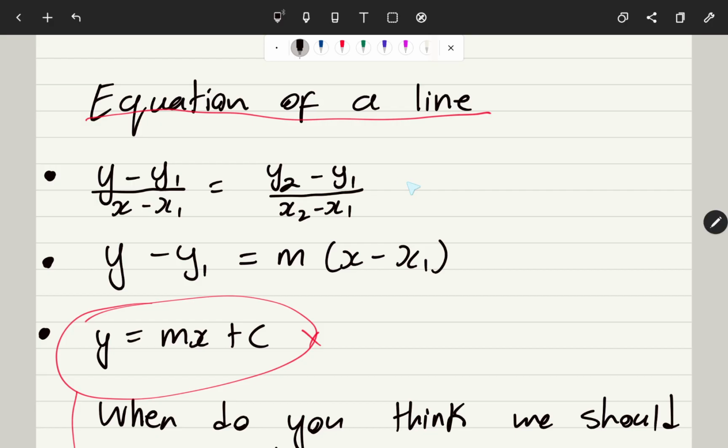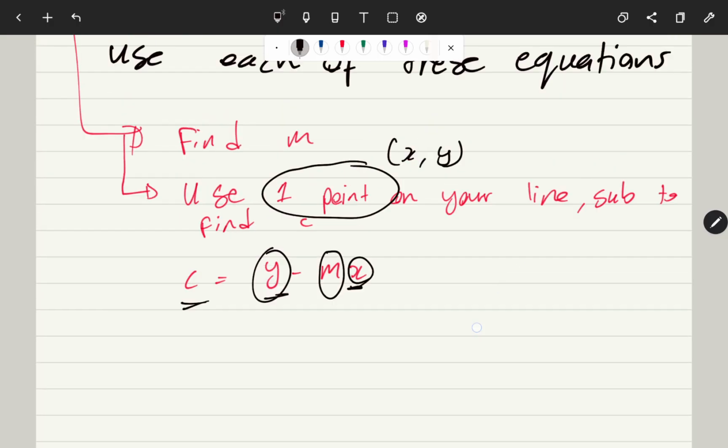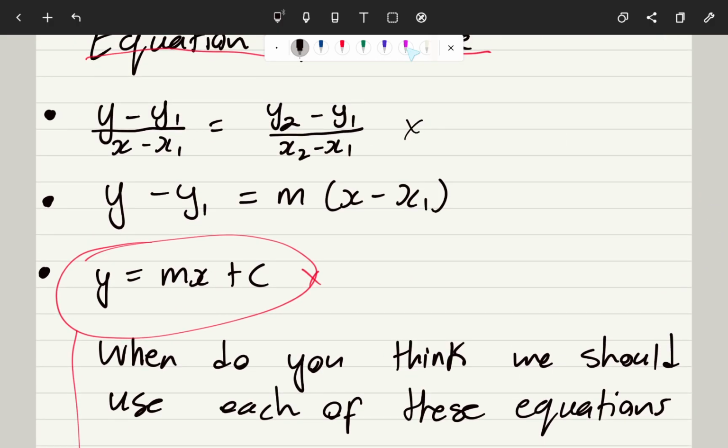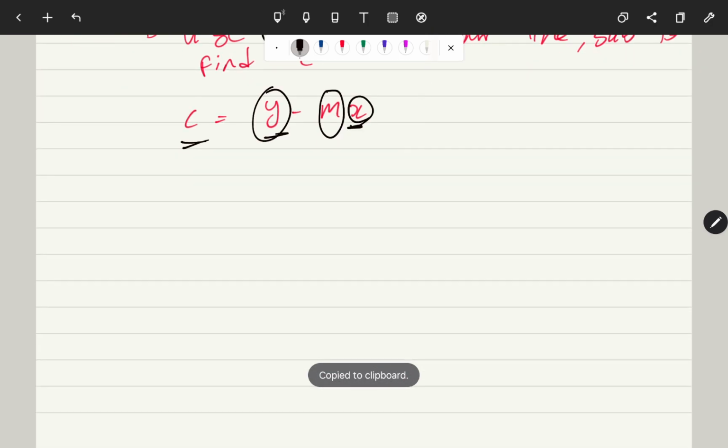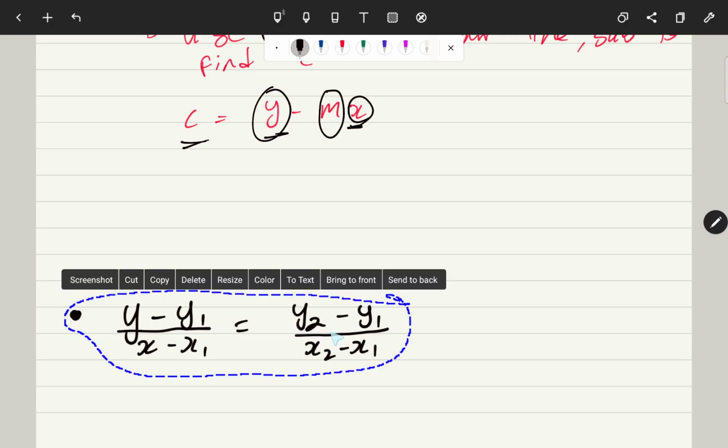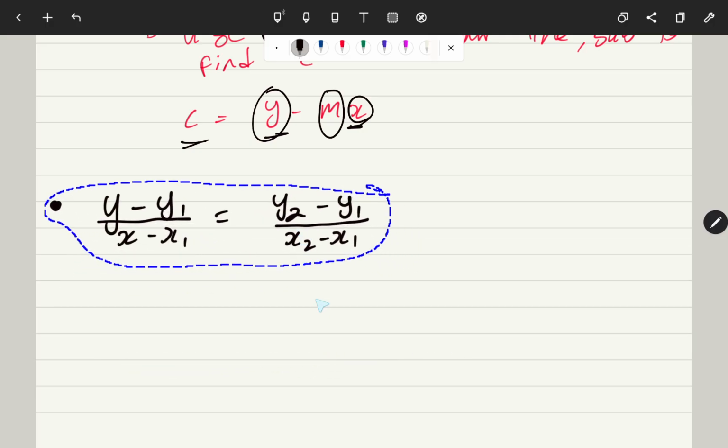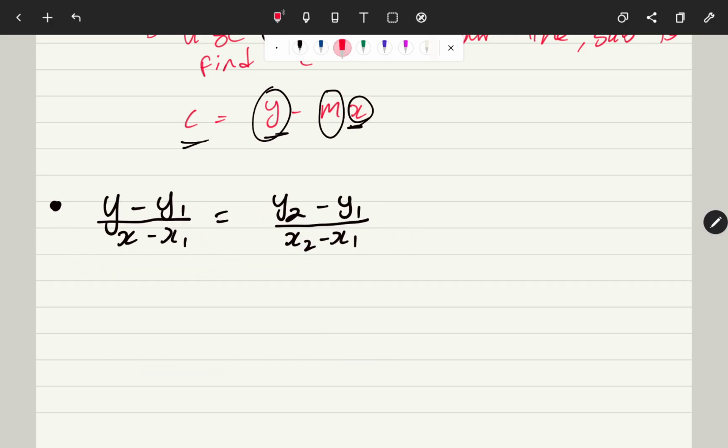Let me see which equation I can use. Cool. Let me talk about the first one. I'll copy it. So look at this one.